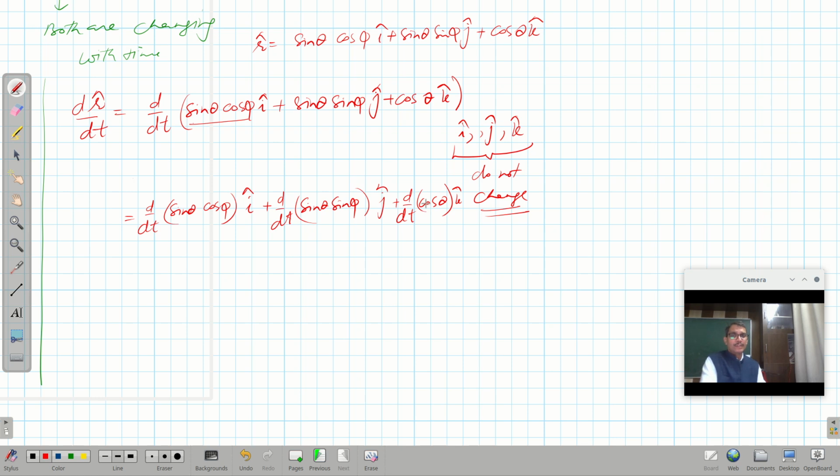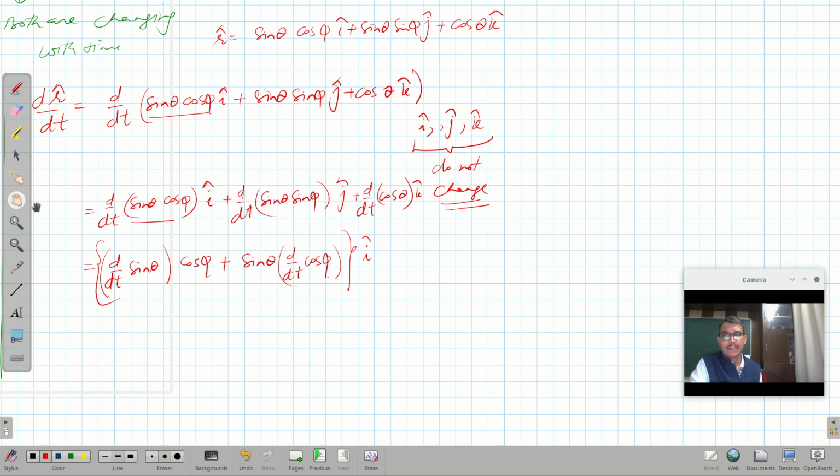What is the derivative of this? This part can be written as the derivative of sine theta, and cos phi will remain as it is, plus sine theta as it is and the derivative of cos phi, and both are having i cap. This is the first part.